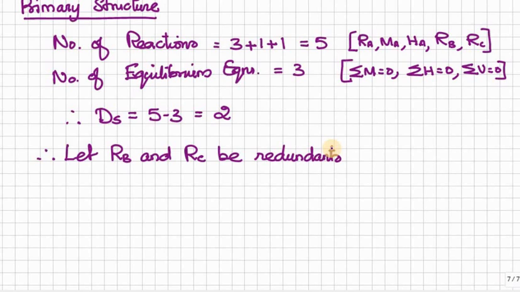So, always try to make the structure, as far as possible, a cantilever, so that we will have one end free, the other end fixed. So that's why here I have chosen RB and RC as redundants.